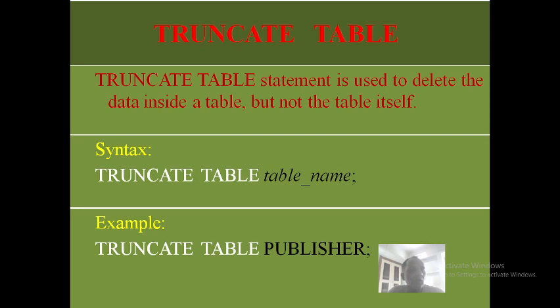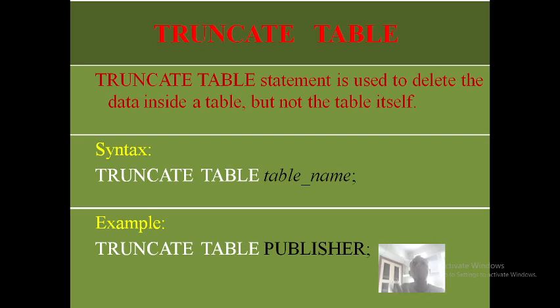Whatever values we have inserted, I want to delete all that data, but I want the table to remain. I want the table structure to remain the same, but not the values inside the table.